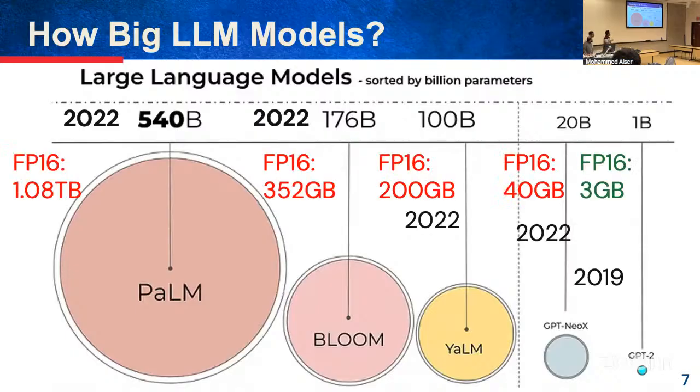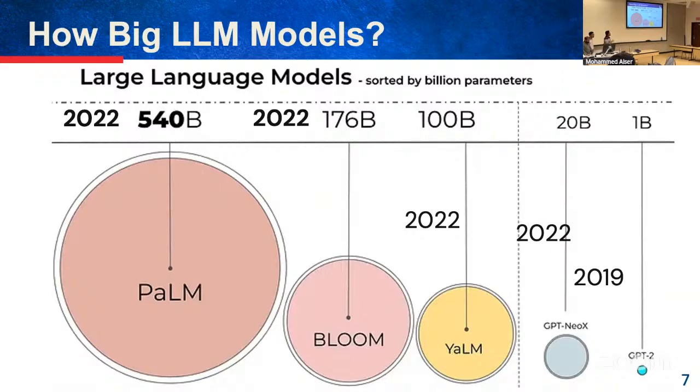According to this parameter size, any guess what might be the size of these models if we store them after training, so that we can reload and reuse them? We can use any floating point precision, for example 32-bit or 16-bit.